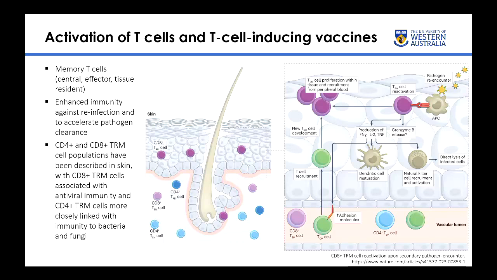So having, for instance, CD8 resident memory cells here would be quite important in targeting pathogens. One interesting approach done in mouse was having resident memory T cells in mucosal sites in the vagina to prevent HIV infection.